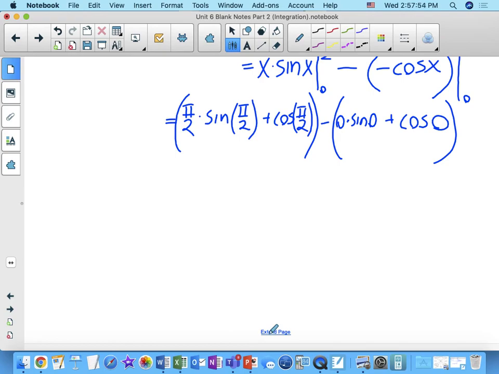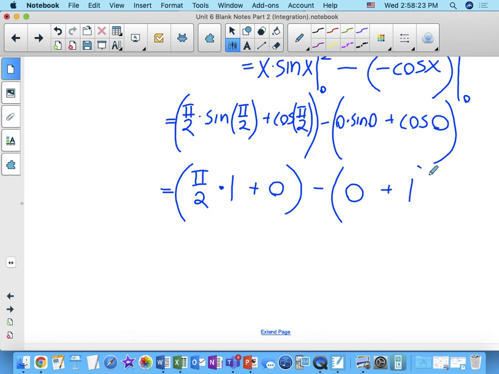And this is, let's see, so pi by 2 times sine pi by 2 is 1. And then cos of pi by 2 is 0. That's 0 because it's 0 times, well, sine 0 is also 0. 0 times 0 is 0. And the cos of 0? 1, that's right. Okay, so all together, this is pi by 2 minus 1.